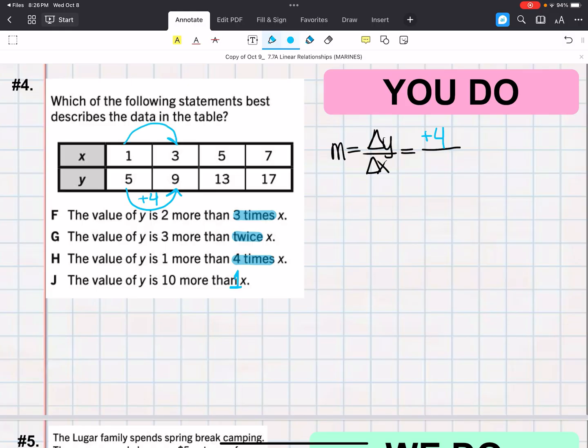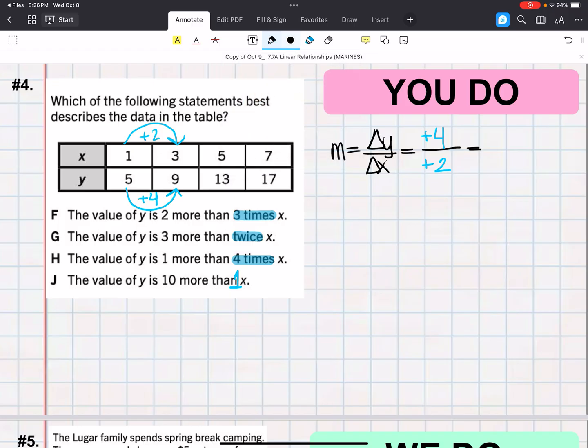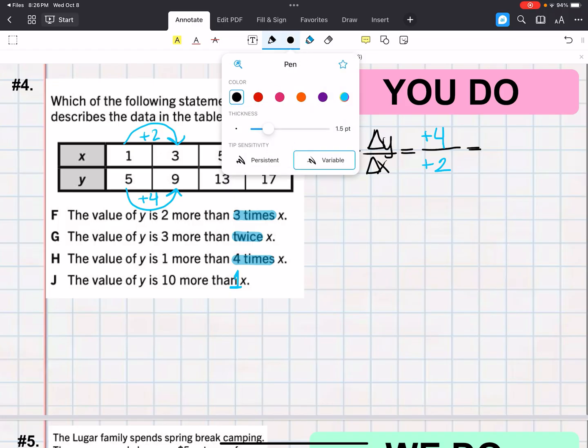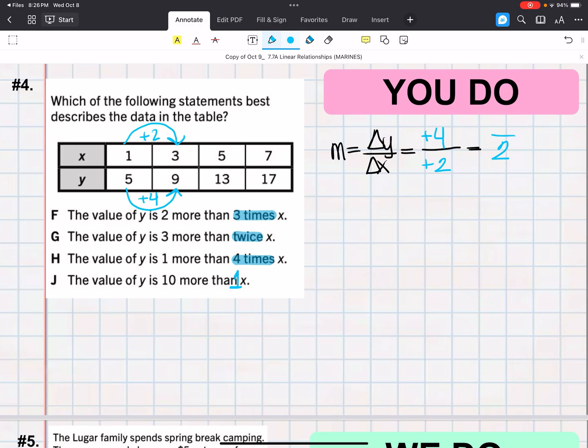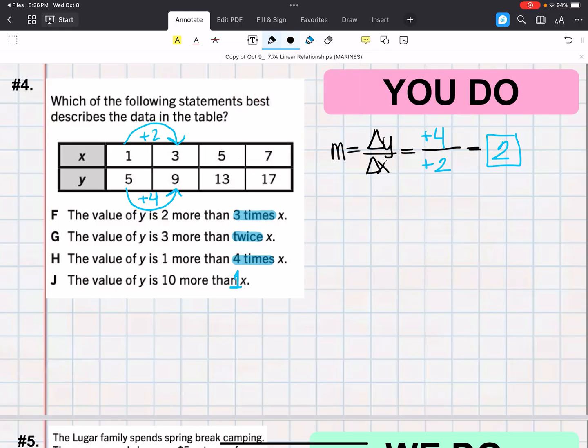How did I get from 1 to 3? Plus 2. To simplify my ratio, 4 divided by 2 is going to give me 2, which lets me know more than likely my answer will be G. But again, you can try the other ones out.